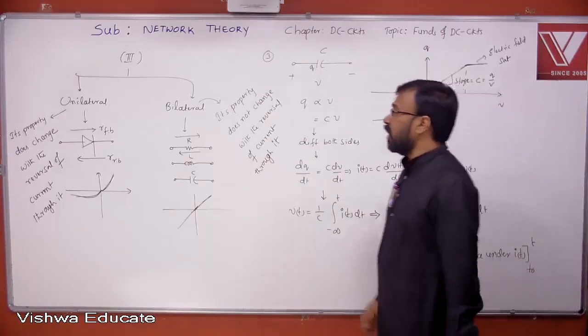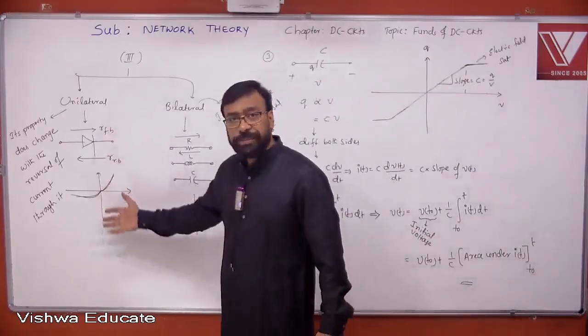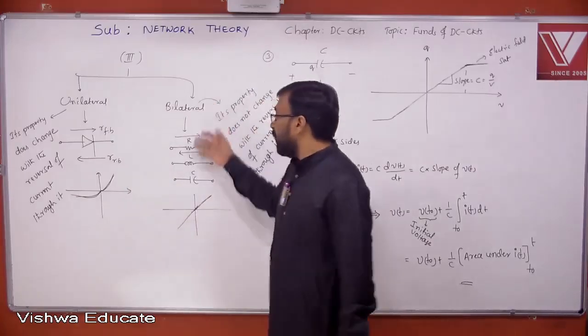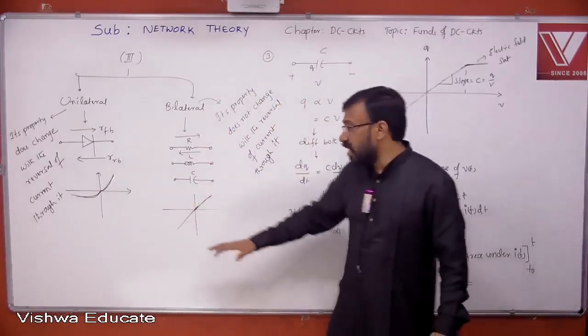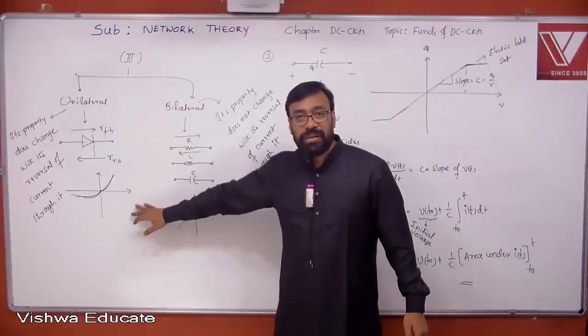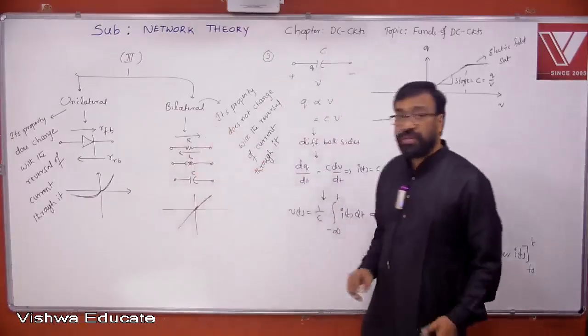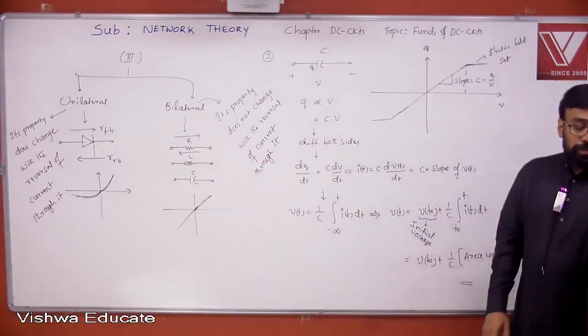And the example for unilateral element is all semiconductors. Example for bilateral is RLC elements. Now you can easily identify what is the unilateral element and what is the bilateral element. Yes sir? Okay. So please note down quickly.